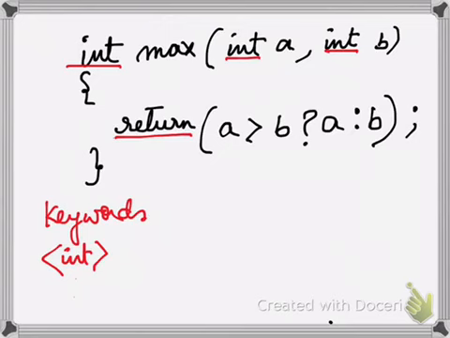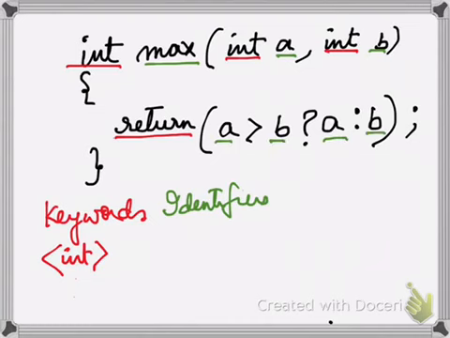Then let us look at identifiers. Identifiers are variable names or function names. So here max is an identifier, a is an identifier, b is an identifier, again a appears here, b appears here, a here, and b here.